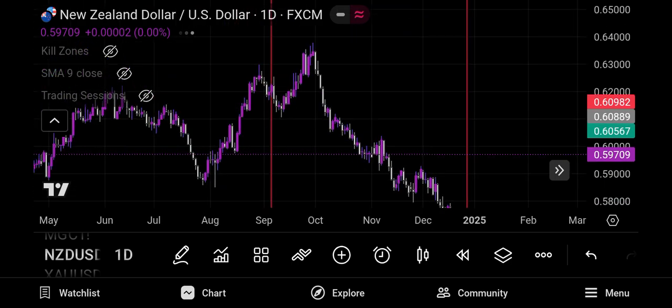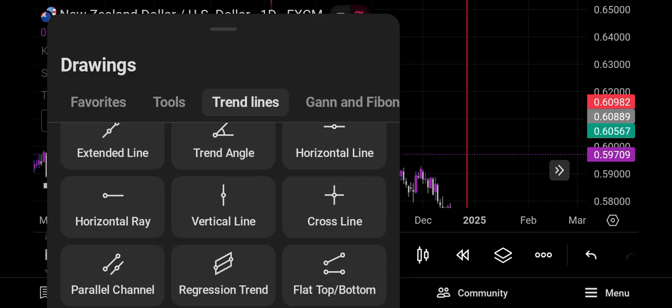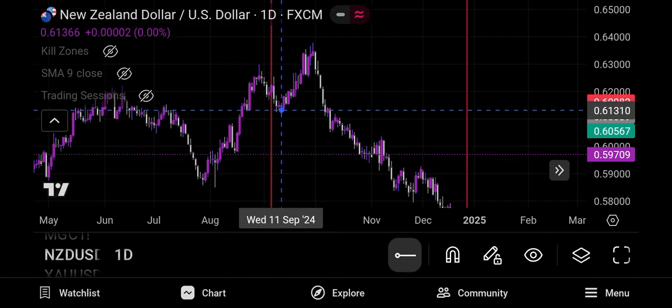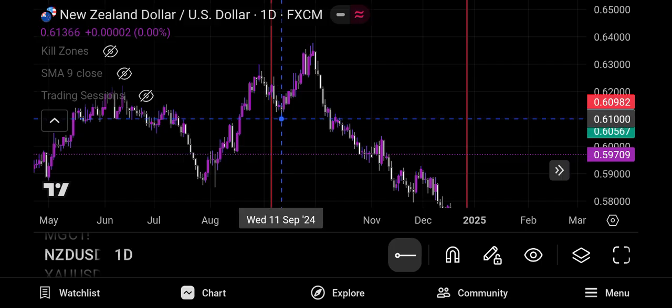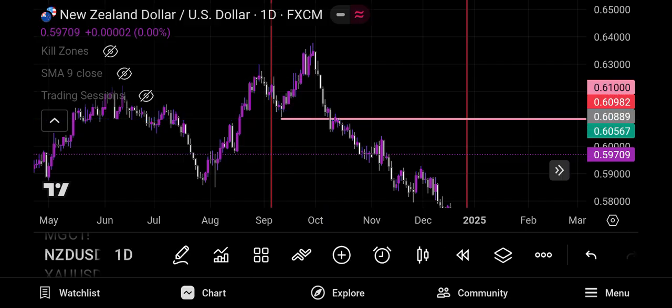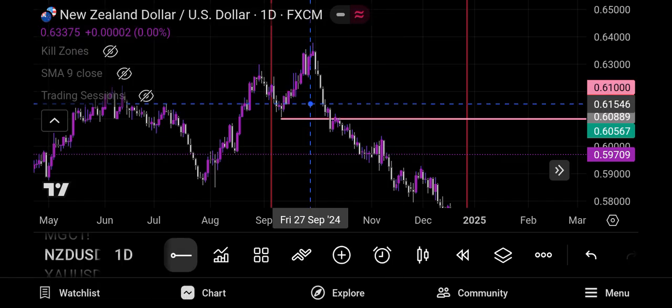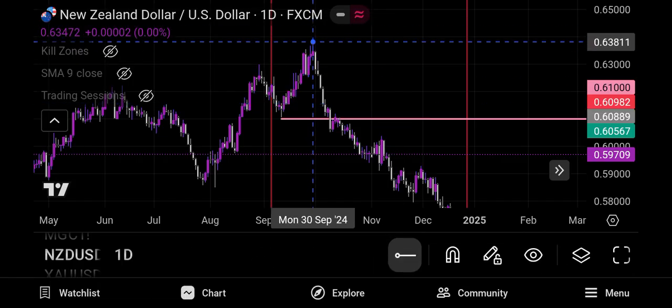So what do we look out for this time? A significant low, which is a higher low. We have a higher high.